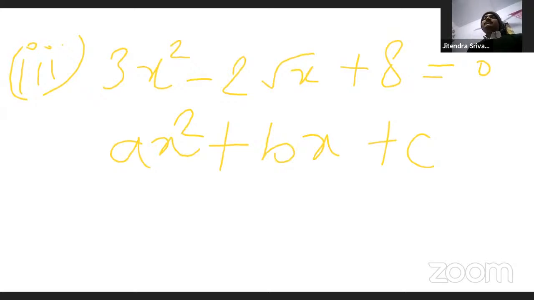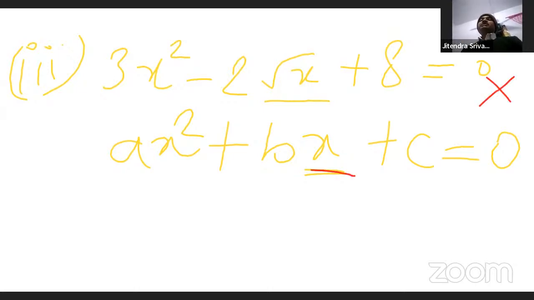How? Because x is under root. The standard form of quadratic equation has no under root x. So it is not following the standard form, so it is not a quadratic equation.